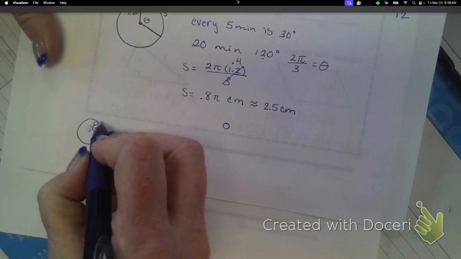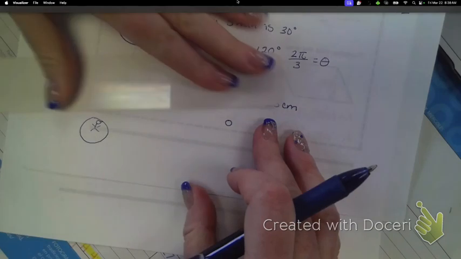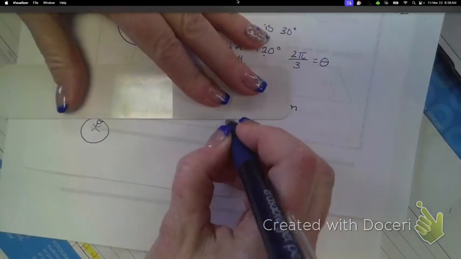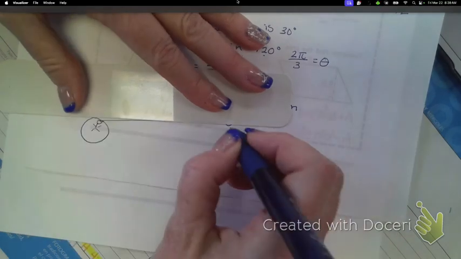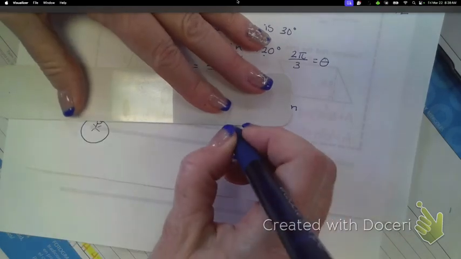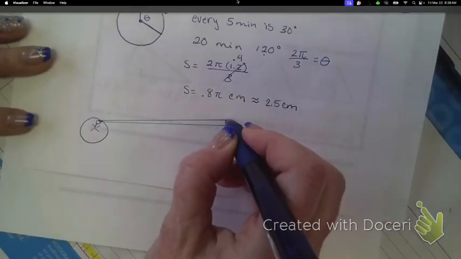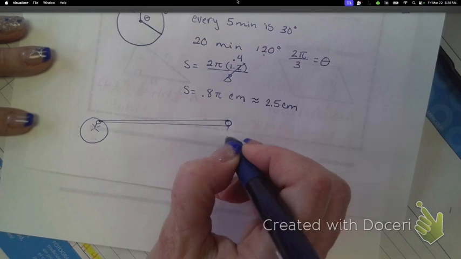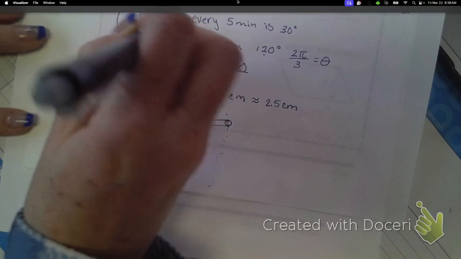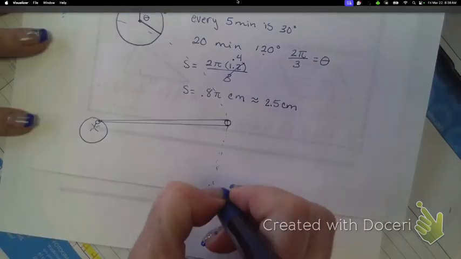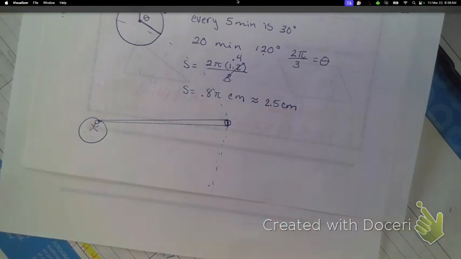If I draw this sector, and this would be of some huge circle, see that? This is still sector length, but is that sector pretty straight because it's so far out there?